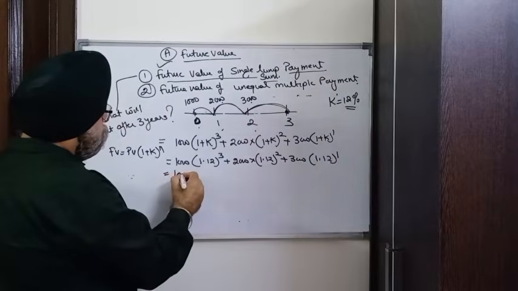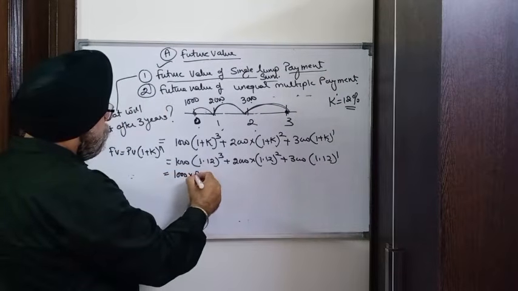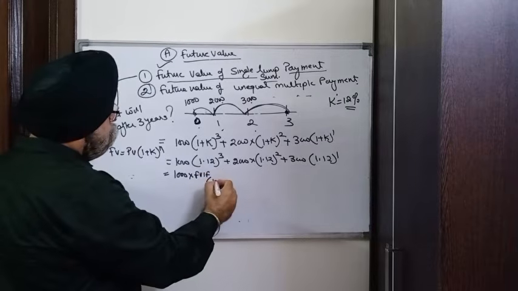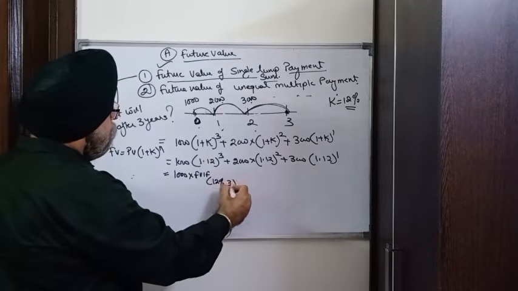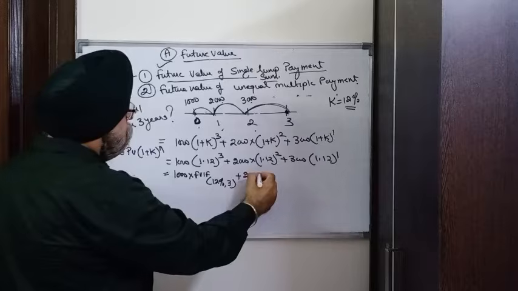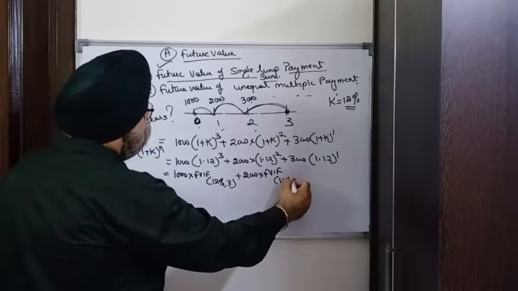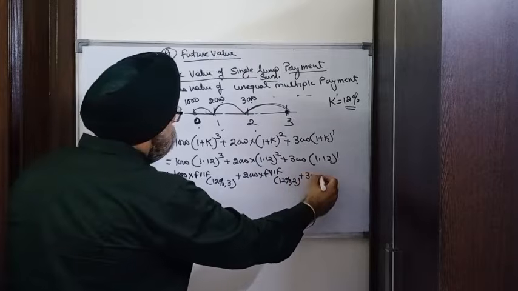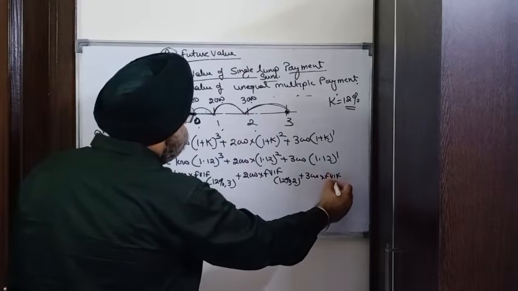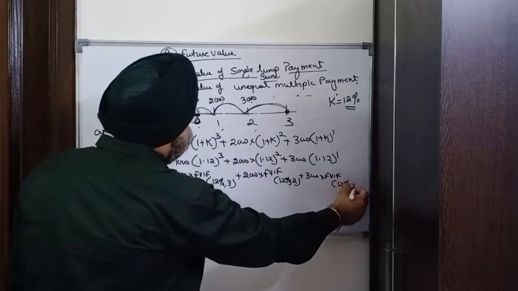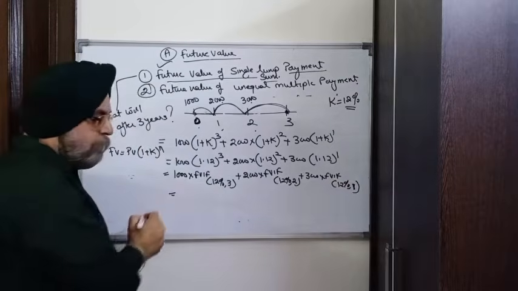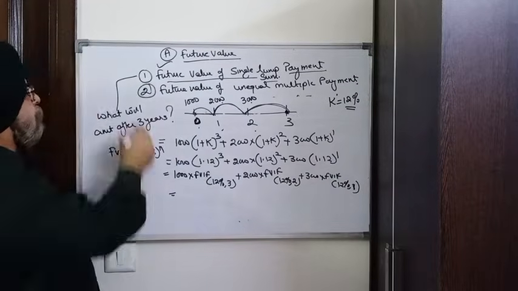So we are going to use the table: FVIF 12%, 3 plus 2,000 into FVIF 12%, 2 plus 3,000 into FVIF 12%, 1. So if we look at the values in the table, we will use table number 1.